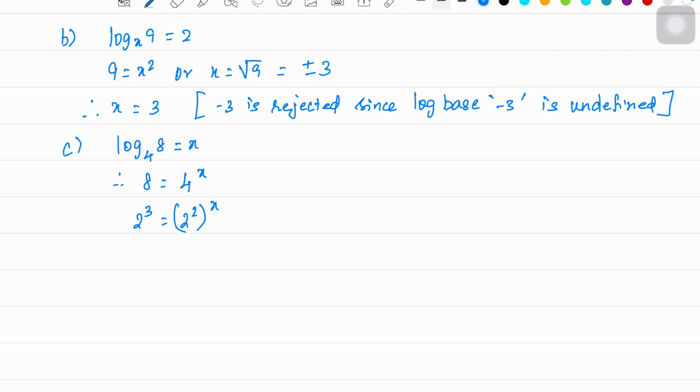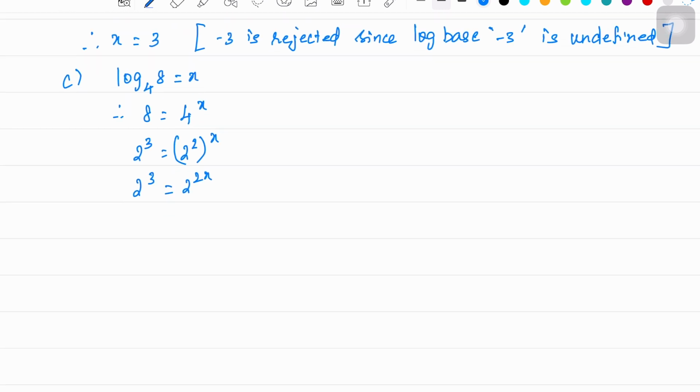Now this is 2 cubed equals 2 power 2x, and therefore equating the indices, 3 equals 2x, or x equals 3 over 2.